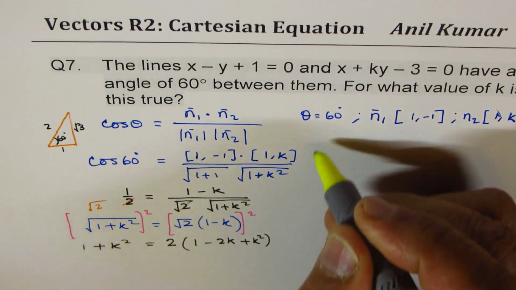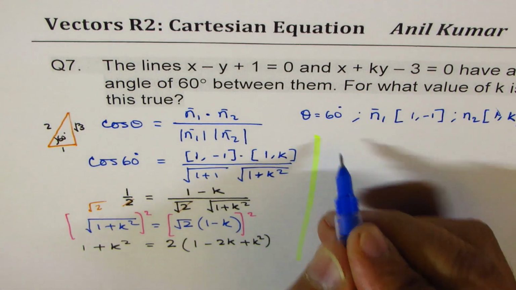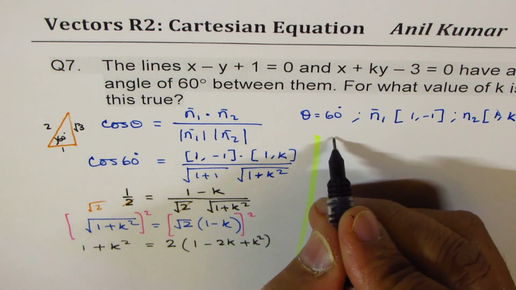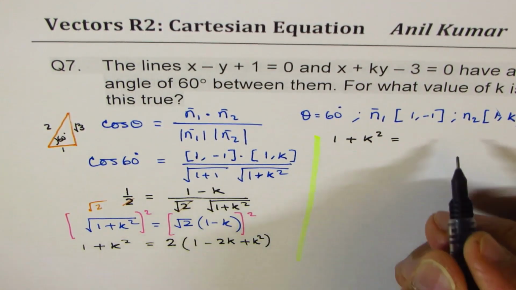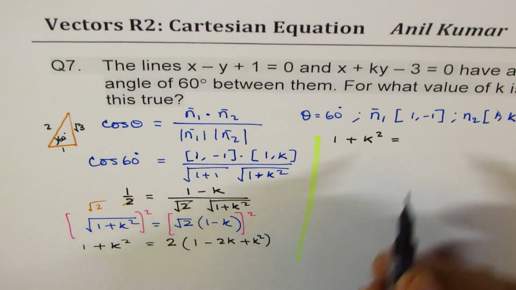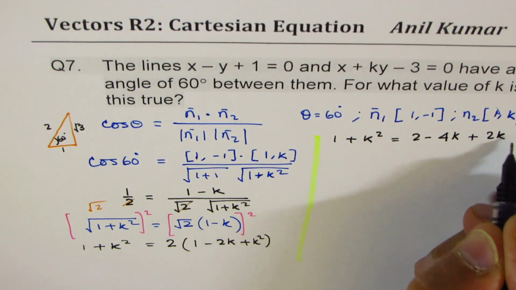Let's solve this equation. On the right side, let's open this bracket. So we have 1 plus k squared equals 2 minus 4k plus 2k squared.